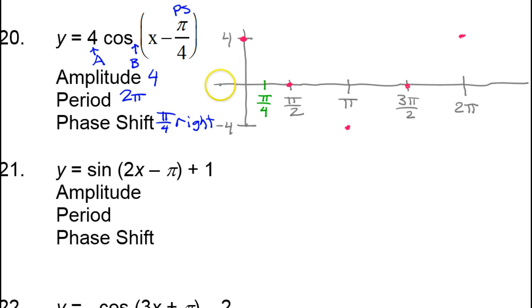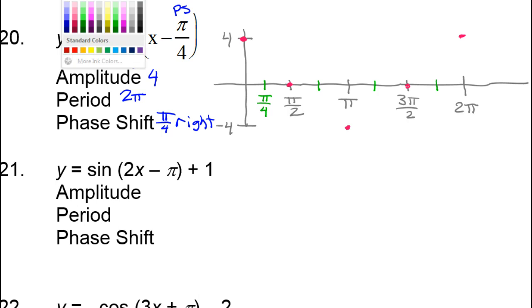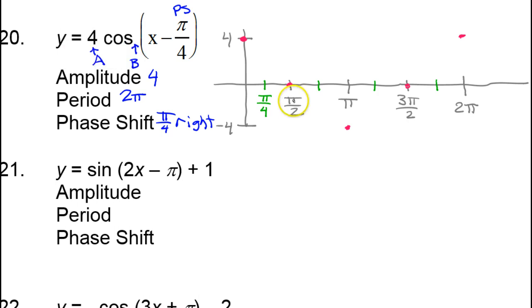So as I'm moving to the right by pi over 4, in this particular case it's going to be exactly half of the distance each time. Okay, so I had pi over 2, and then 2 pi over 2, 3 pi over 2, 4 pi over 2. I'm going to put a 5 pi over 2 over here.